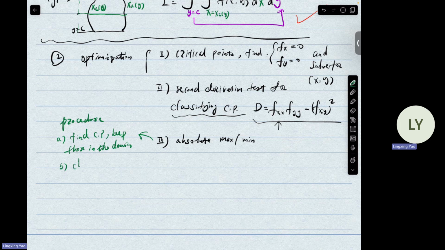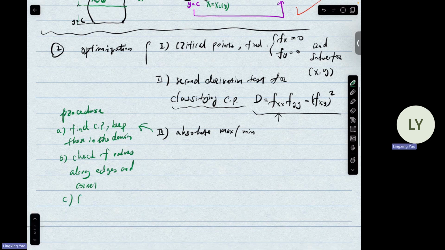And B is check f values along edges and the corners. See, and then compare. One note is that when you compare the function values, you also need to bring in the function value at a critical point to compare that. All right. So this is a fixed procedure for us to find the global or absolute max or min for a function in this closed domain.